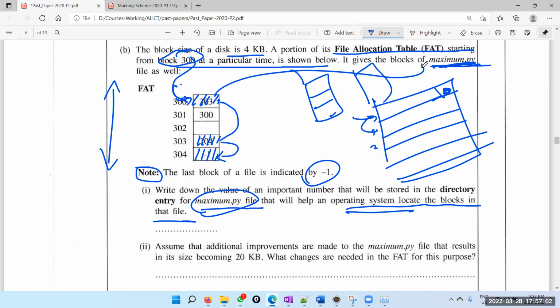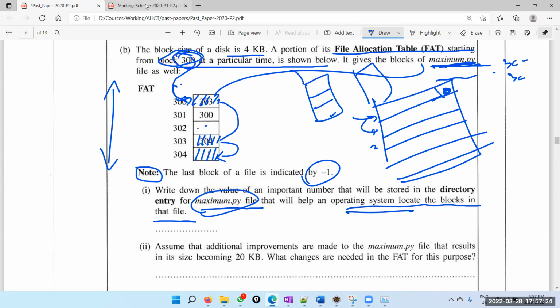So what should be the block number? Block number 300. So maximum.py maybe 300, maybe some other py file is at 302. Once you go to the starting point, then you can go through, right? So what is the answer?